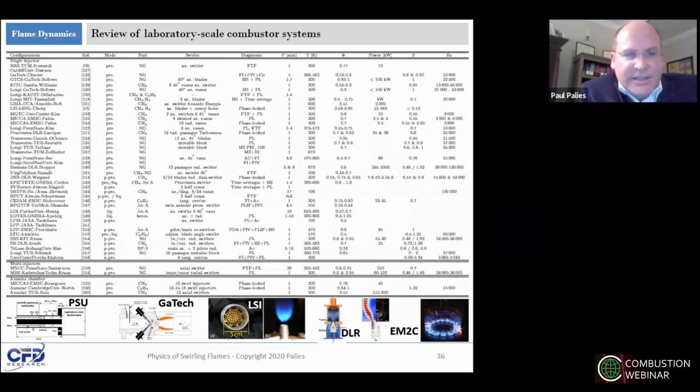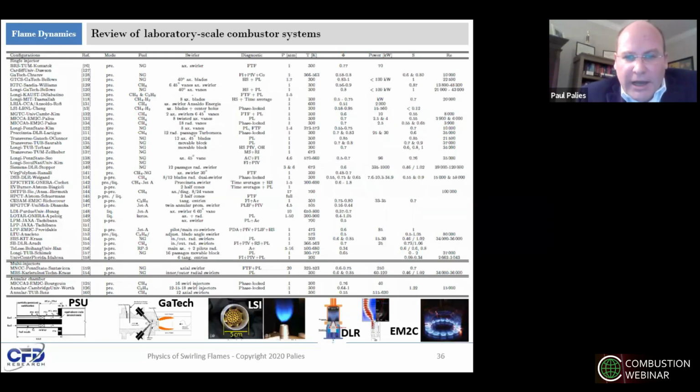So on this slide, this is a list of worldwide lab scale combustion system that are either in university, or in research organization and institute. And you can see, there are various systems.